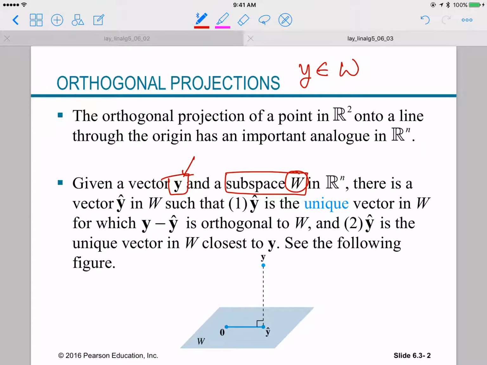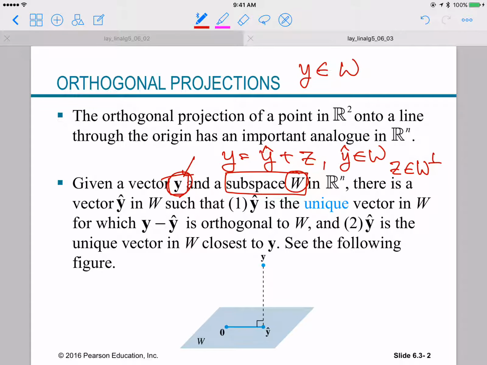Okay, in this case, we already studied that y can be decomposed into y hat plus some vector z, where y hat should be inside of our subspace W, and z is inside of W perpendicular.